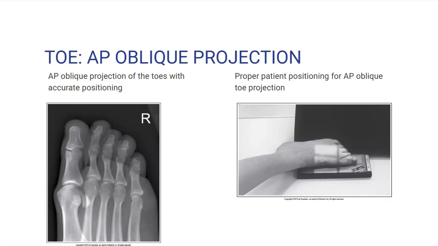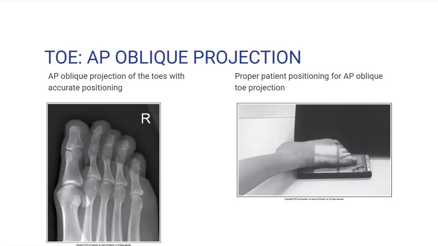If imaging a single toe, the first toe interphalangeal joint should be at the center of the exposure field. For the second through fifth toes, the PIP joint should be demonstrated at the center of the exposure field.